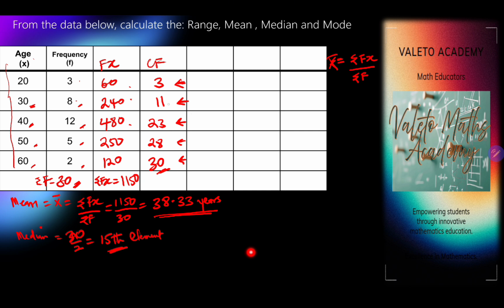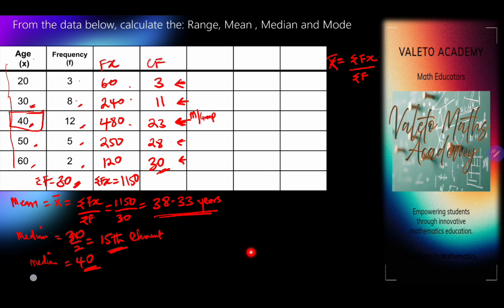The 11th element stops here, so the 15th element will be found in this class. This is our median group. If this is our median group, we trace it to the age, and it is 40. Automatically, it means that our median is equal to 40.